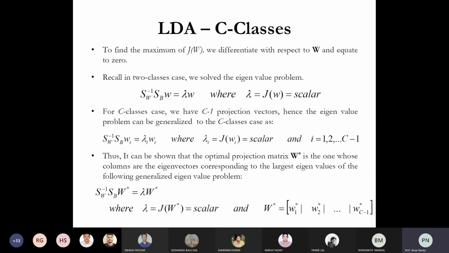It can be shown that the optimal projection matrix W star is the one whose columns are the eigenvectors corresponding to the largest eigenvalues, by the rule SW inverse SB W star equal to lambda W star, where W star is W1 star for class 1, W2 star for class 2, up to W C minus 1 star.